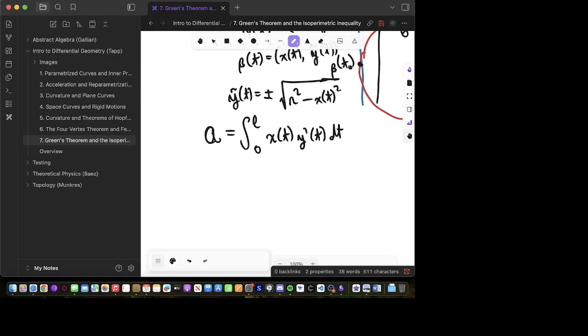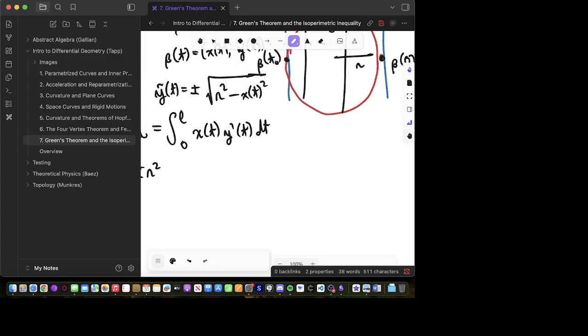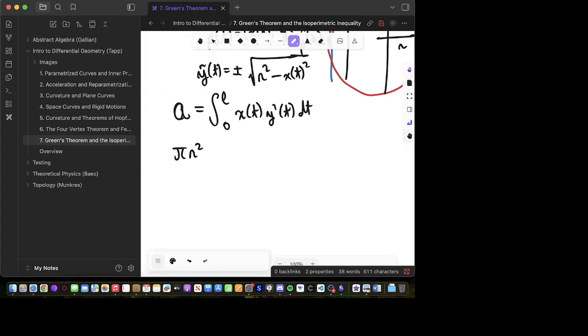So, we have that, and the area of the circle is going to be pi r squared, where this is r, this is r, and that is basically the negative of the integral from 0 to L of y tilde of t, x prime t, dt.